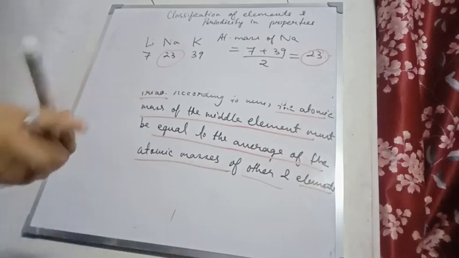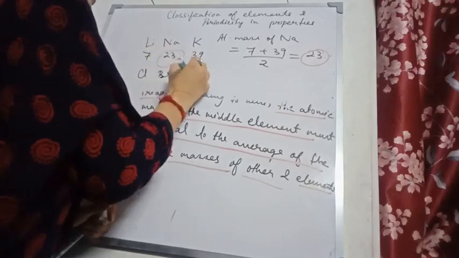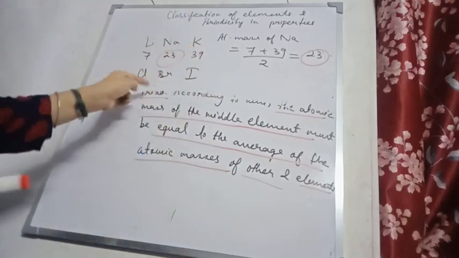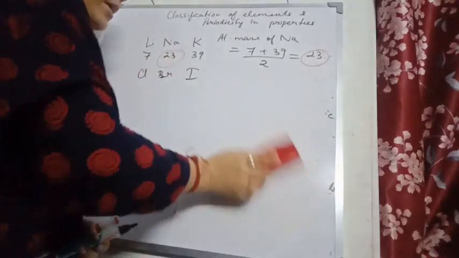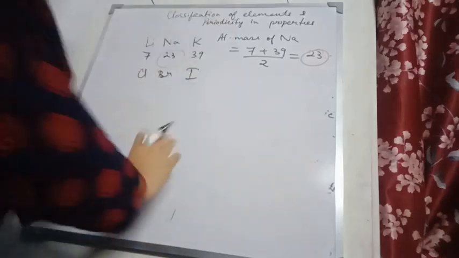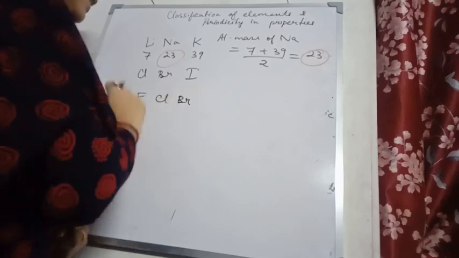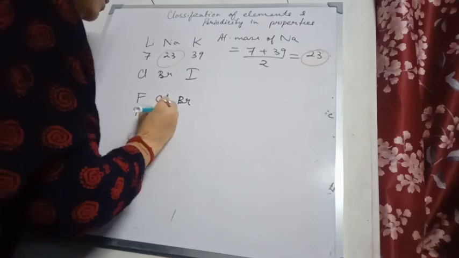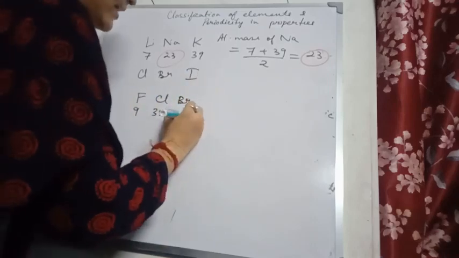Other elements like chlorine, bromine, iodine were also grouped under Dobereiner's law, and these 3 elements also followed it. But elements like fluorine, chlorine and bromine were not following this law. If I apply this law, fluorine's atomic mass is 9, chlorine is 35.5, bromine is 80.